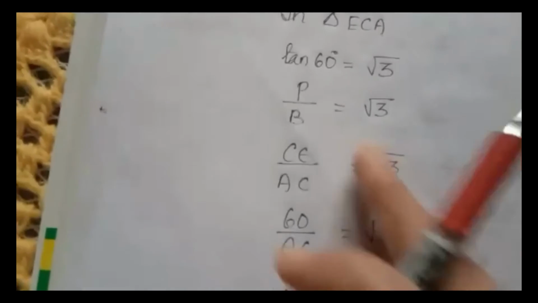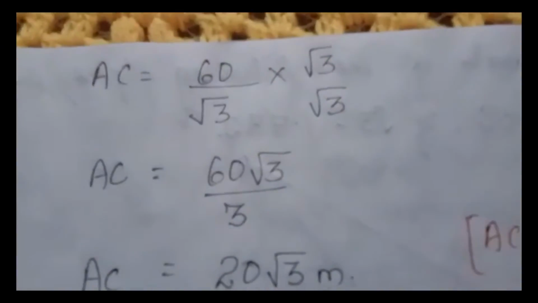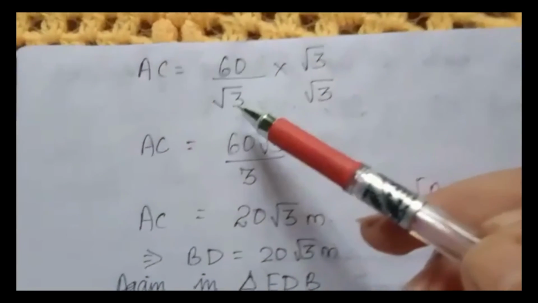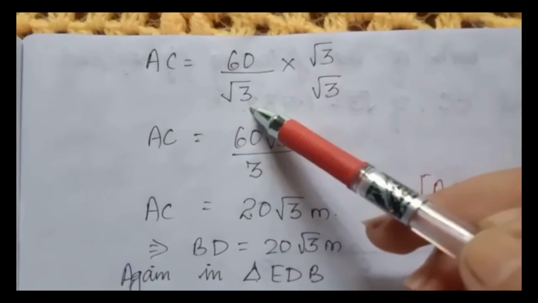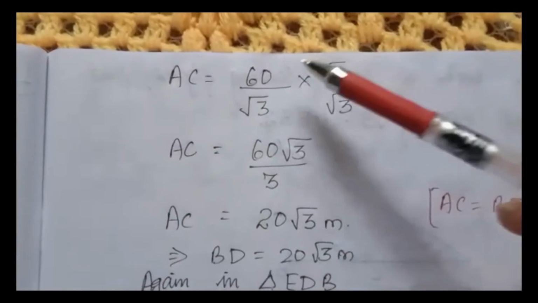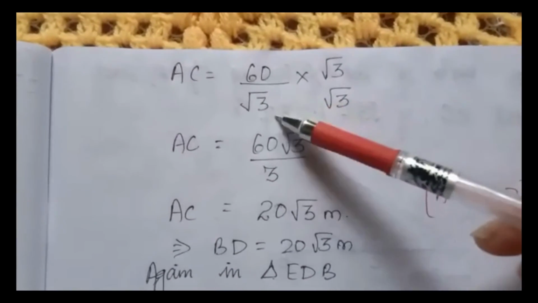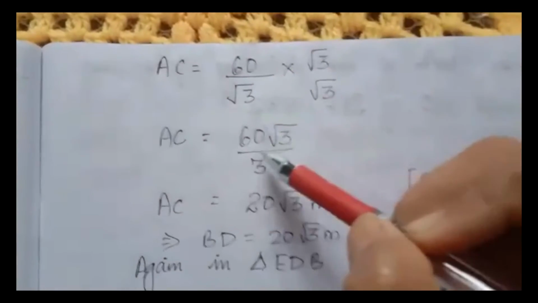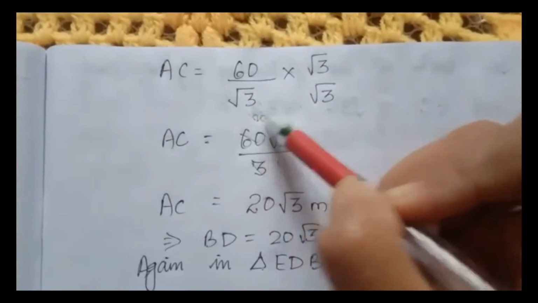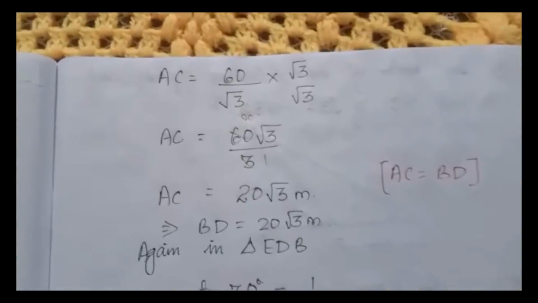Now to find AC, 60 will be divided by root 3. Now root 3 is in the denominator, so we have to rationalize. To rationalize, you have to multiply numerator and denominator by root 3. So 60 root 3 by root 3 into root 3, 3. So 3 ones are 3, 3 twenties are 60. So 20 root 3 meters.